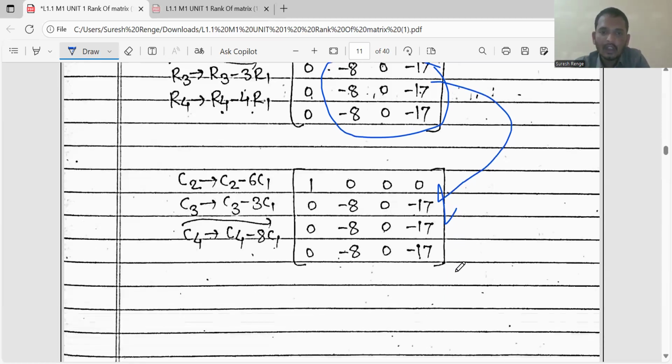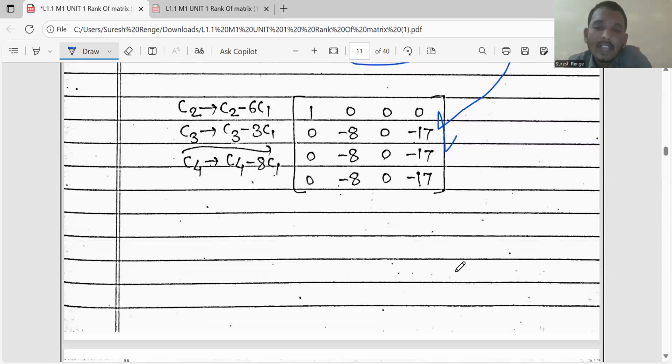Okay. Now what will happen? Here we observe that row number 2, row number 3 and row number 4 are exactly the same. Now it is easy to eliminate row number 3 and row number 4 by applying the operations.